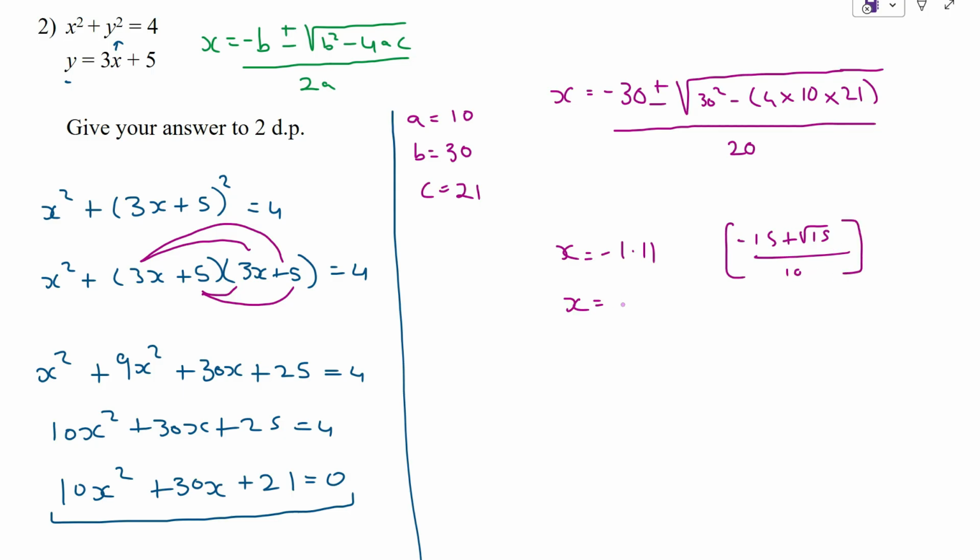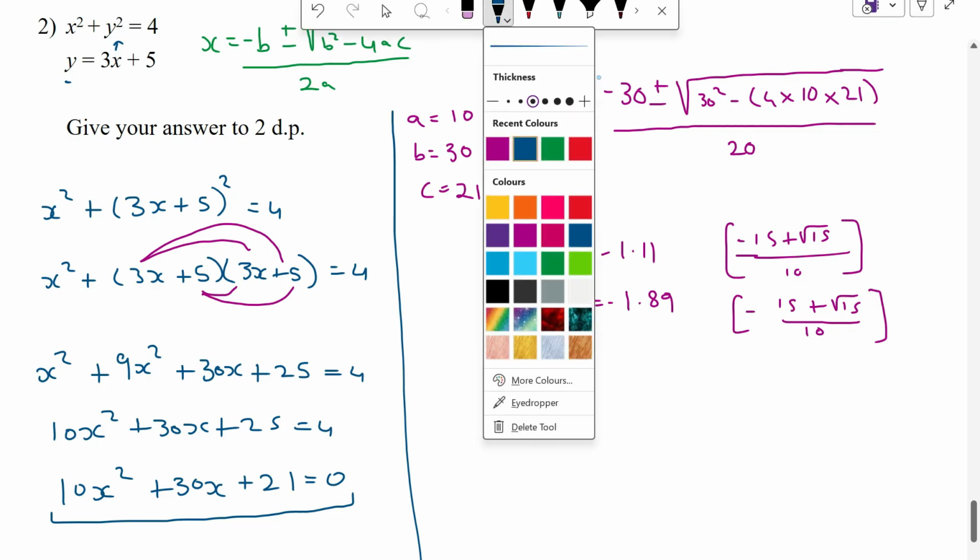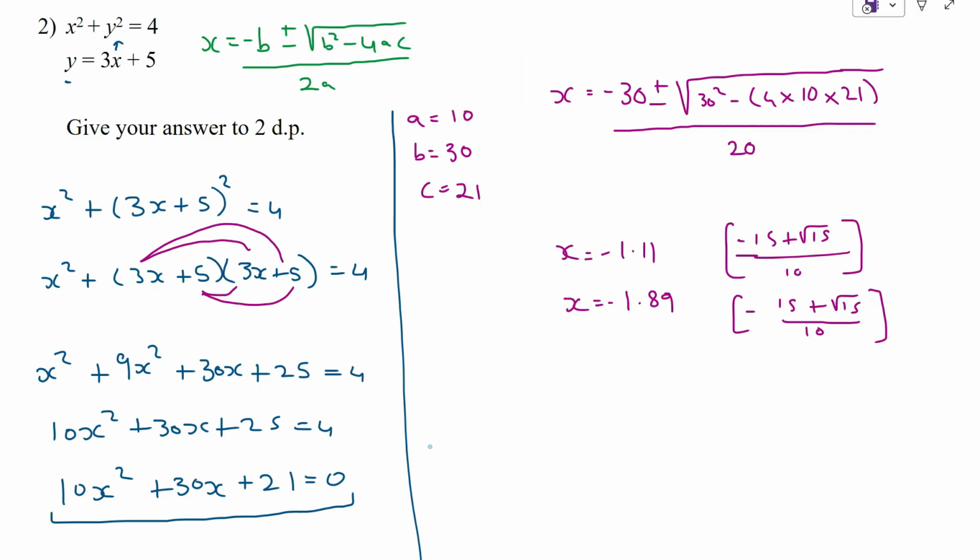And the second value of x rounded to 2dp is minus 1.89. And again, the fraction equivalent. Okay, so now let's work out the value for y.